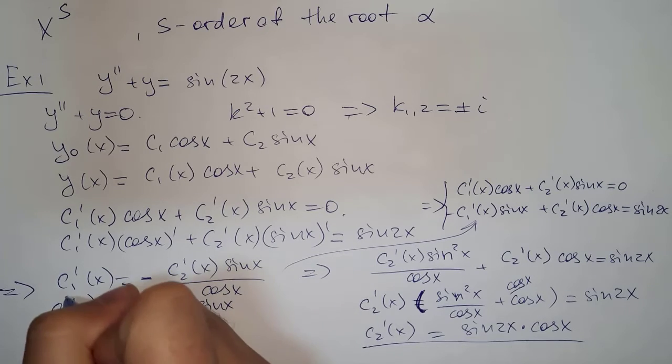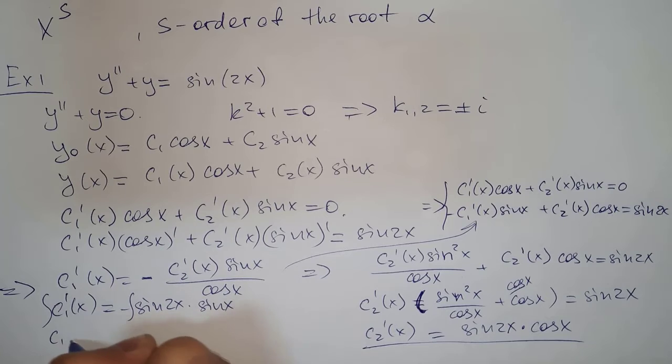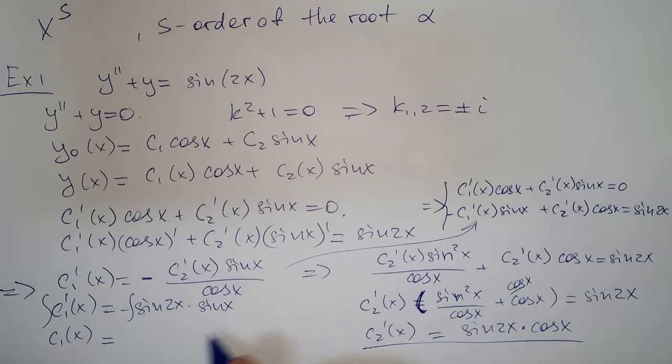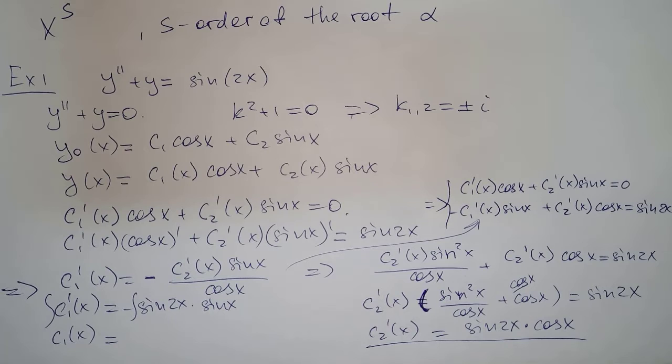Integrate both sides of our equation. We'll get c1 of x is the integral of minus sine 2x and sine x dx.